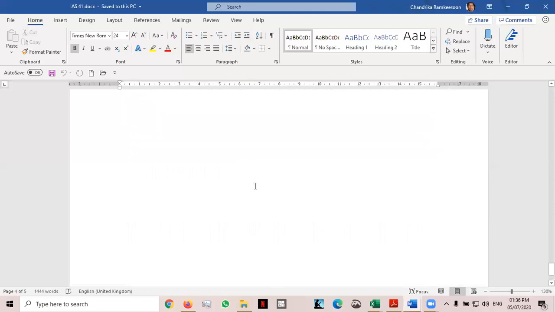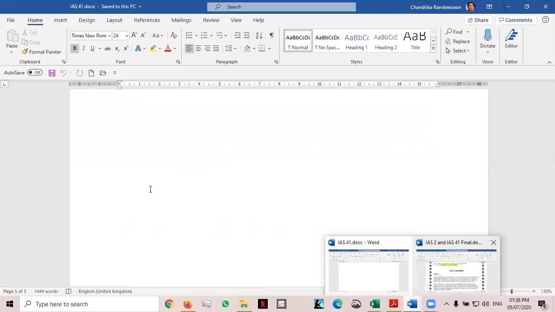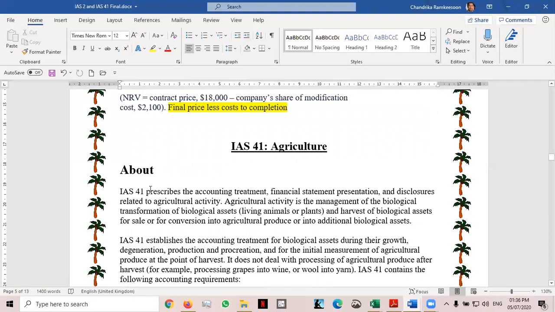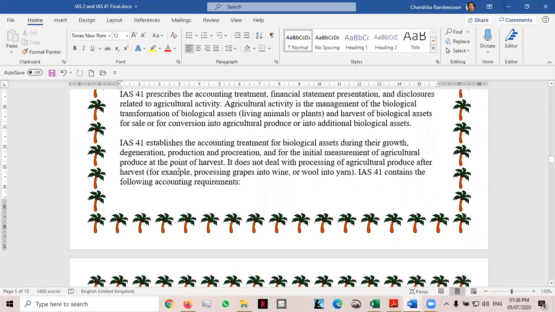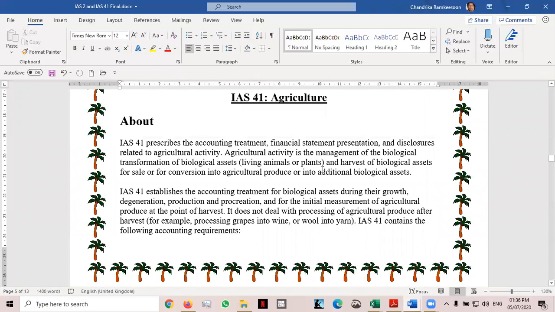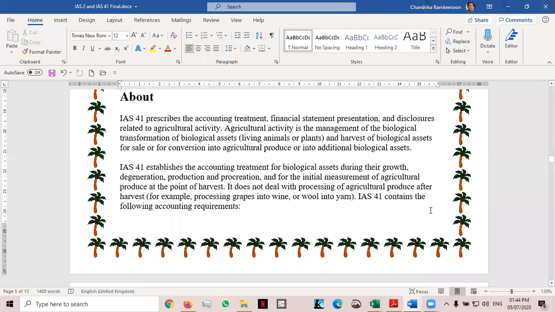Now let's go to this handout, which is the main one. We should be able to go through this fairly quickly because we've touched on quite a few. And having finished it, we look at some examples on the Excel sheet that follows. Now, let's take a look at IAS 41 in a bit more detail, because we looked at it superficially.